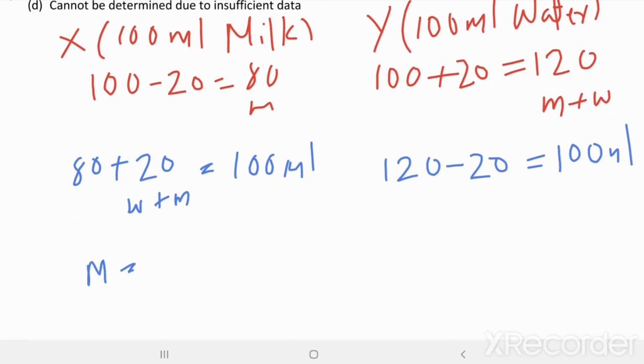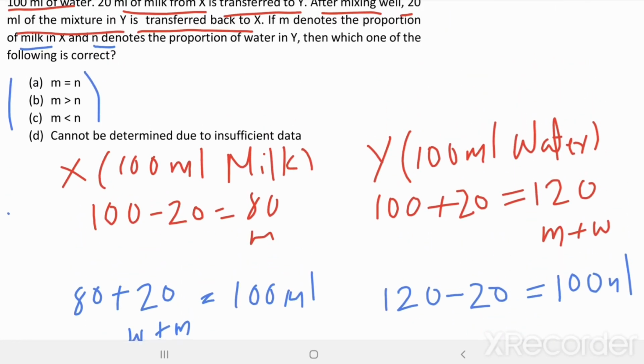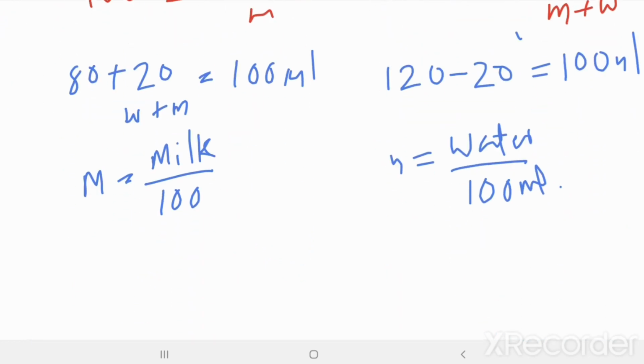M means proportion of milk in X. X contains 100 ml of mixture. N means proportion of water in Y. Y contains 100 ml of mixture. So after all mixing, both the containers have 100 ml of mixture.